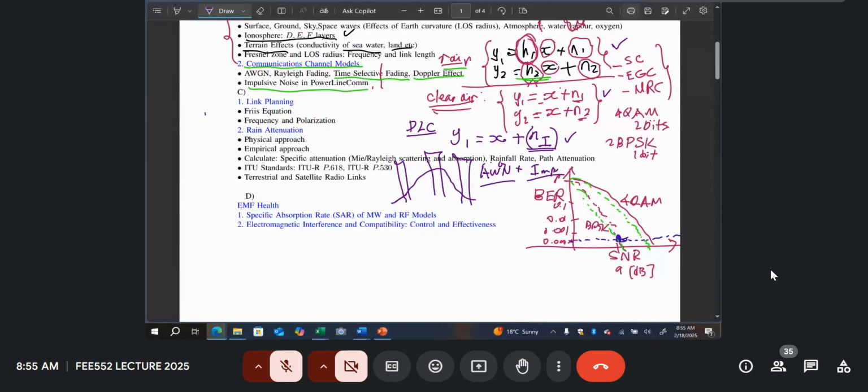It is called the Friis equation, a very simple model that just relates the two. It gives you the directivity of both antennas that you have deployed, and an equation that relates the power that is received at the receiver.